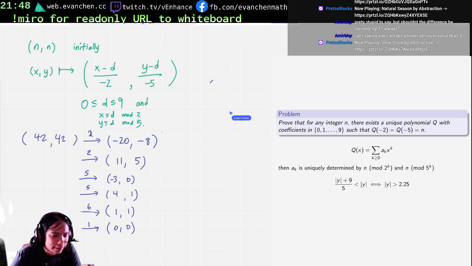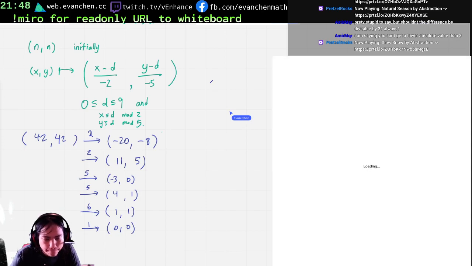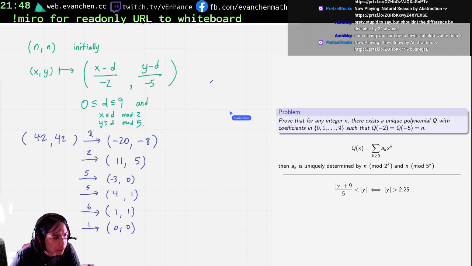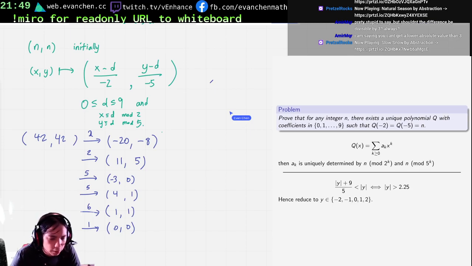Right. Okay, so I can reduce the situation to where y is in the interval -2, -1, 0, 1, 2. And once I'm in that situation, it stays that way forever.